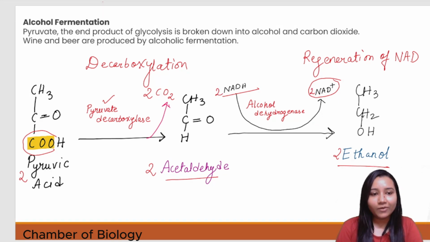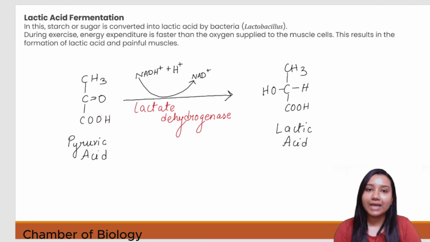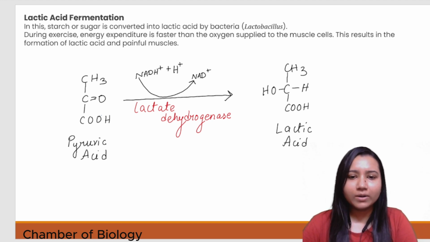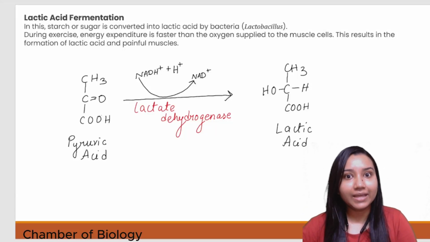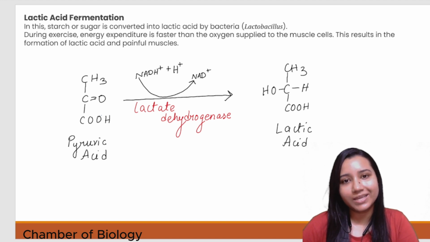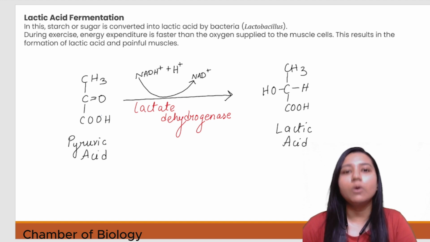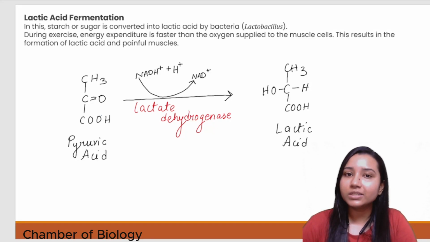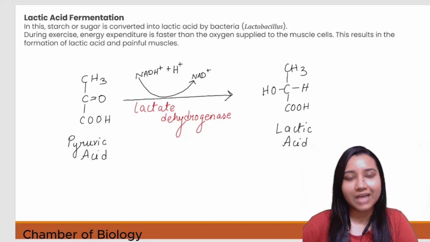Now, if we come to lactic acid fermentation, you all might be eating curd, right? So what is curd having? Curd is having lactic acid. So is it only the bacteria Lactobacillus that is going to do this lactic acid fermentation? Not only bacteria, even in our muscle cells, when there is absence of oxygen, or by chance the oxygen presence is not there, if we require energy at that time, our muscle cells are going to do lactic acid fermentation.